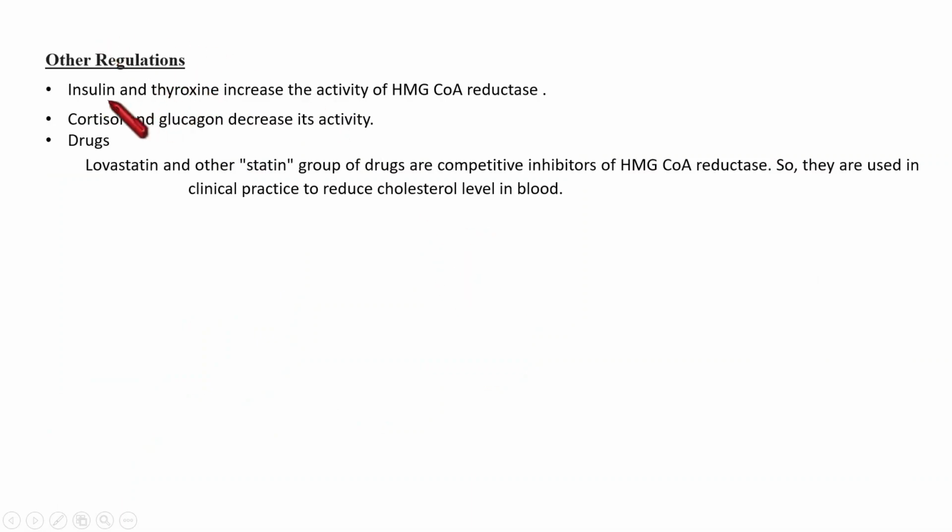Other regulations are also there, insulin and thyroxine. How are they regulating the cholesterol level? By increasing the activity of this HMG-CoA reductase. And other hormones are also there, cortisol and glucagon. They are decreasing the activity of this enzyme. So that depends upon the level of cholesterol in our body.